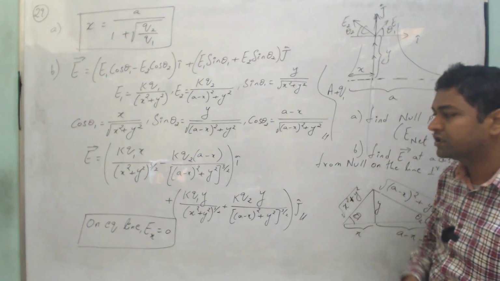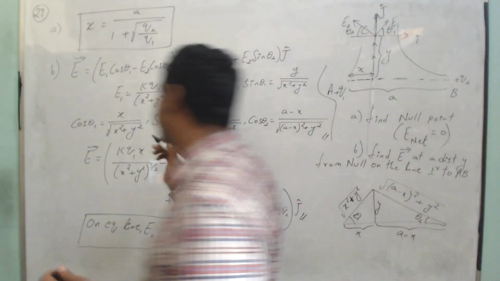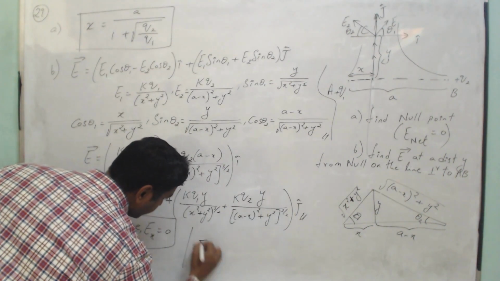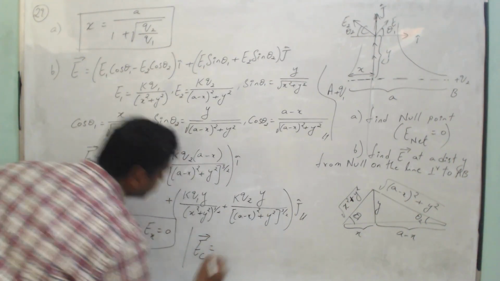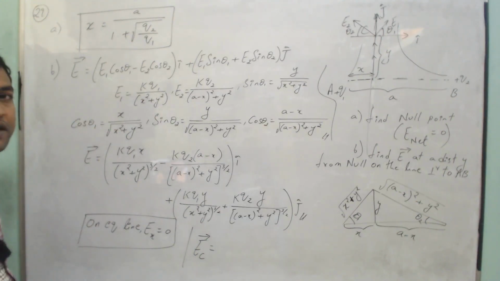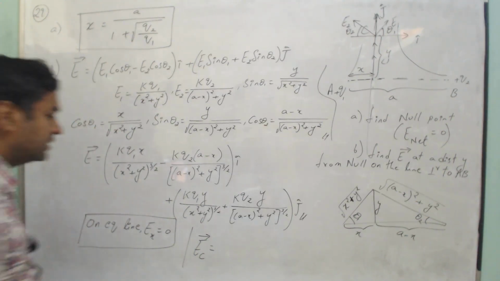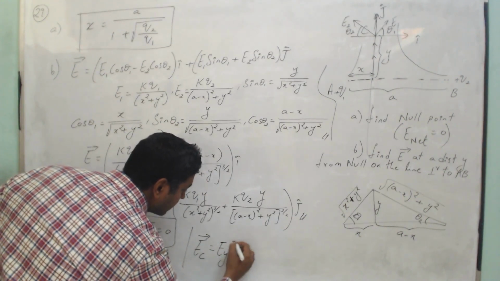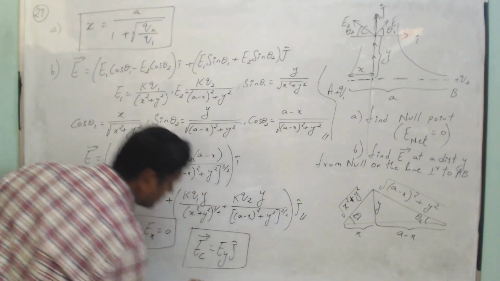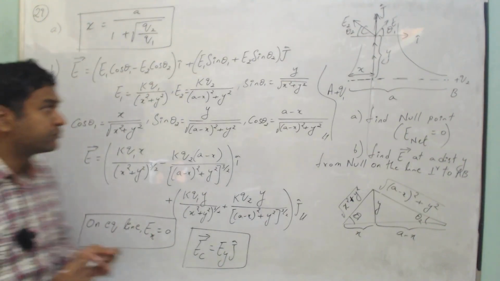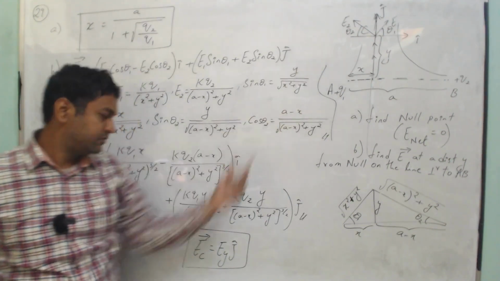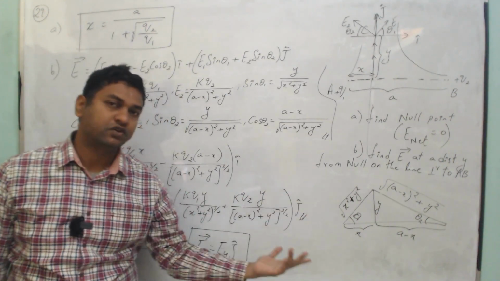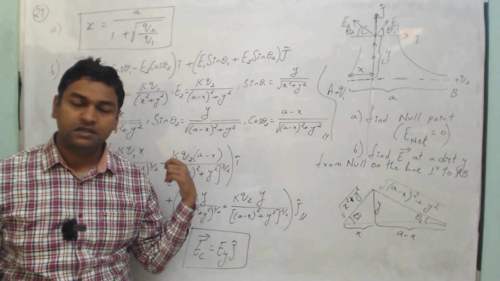So eventually the entire electric field at point C, after I substitute all those things, I will get it as Ey j cap. Correct? That's all it is going to be. Is this clear?